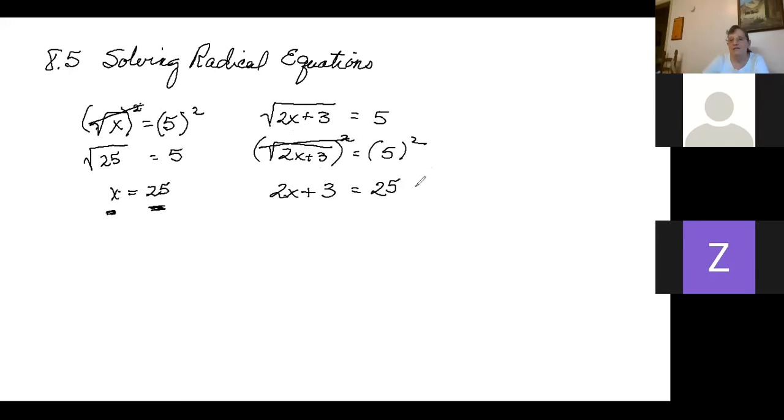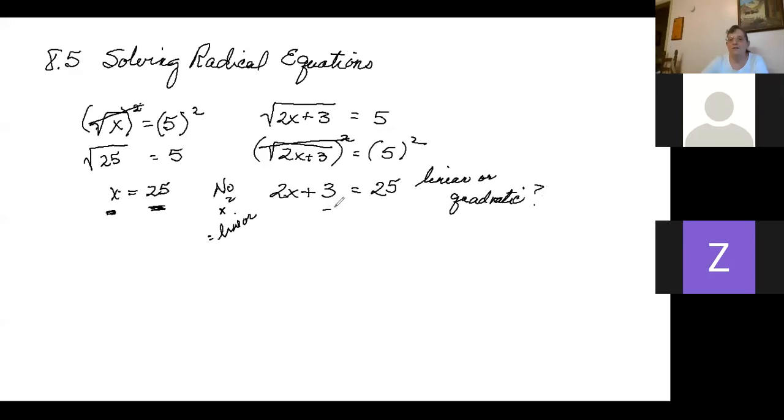Now you have to ask yourself if this is linear or quadratic. It could be both. Well, it can't be both, but it could be either. This is linear because there's no x squared. Therefore, it's linear.